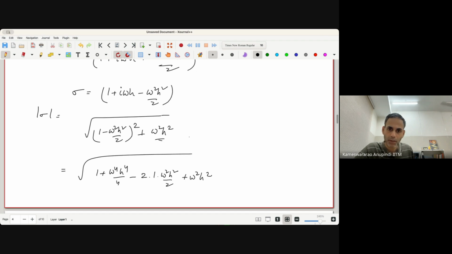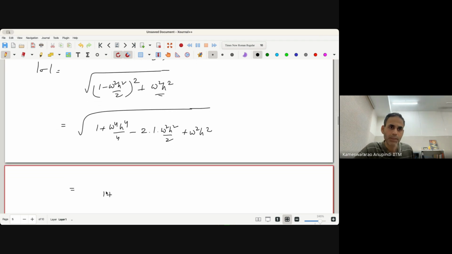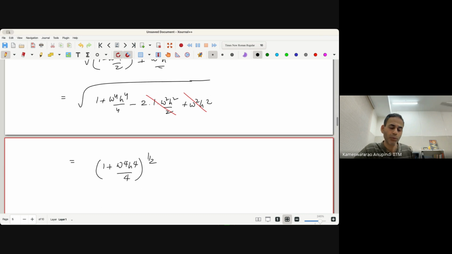The omega square h square terms cancel, so what we have is 1 plus omega power 4 h power 4 by 4, all to the power 1 by 2.